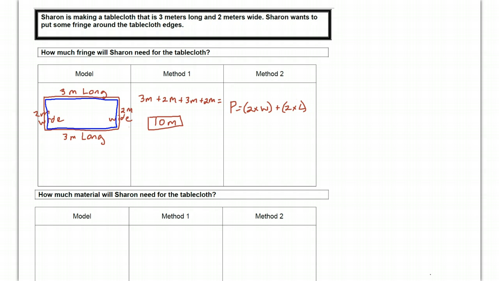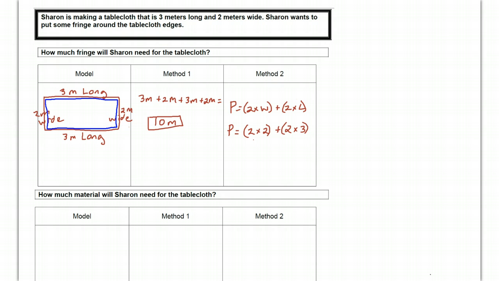At first it seems complicated, but it's really not all that complicated when you look back at your picture. So if we go to solve this, perimeter is equal to 2 times 2 plus 2 times 3.